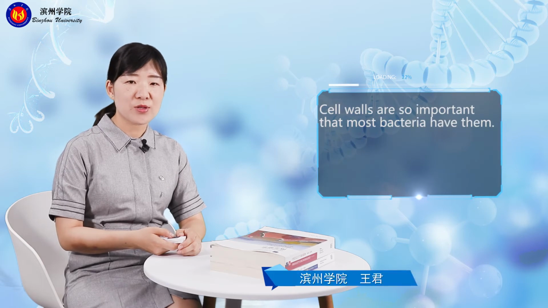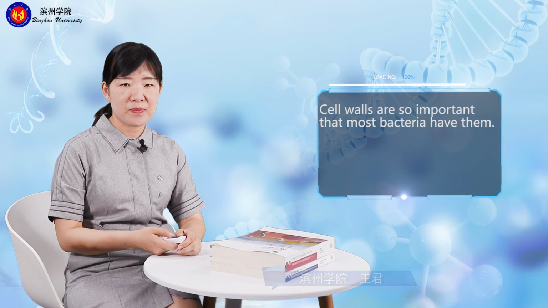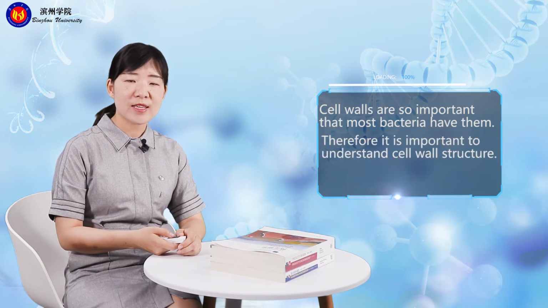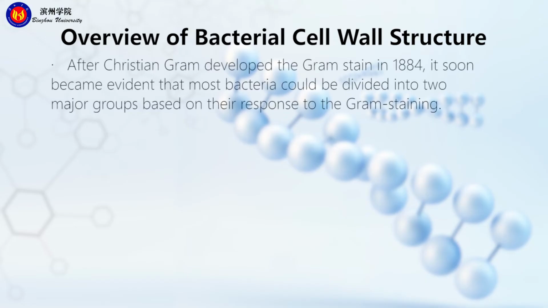Cell walls are so important that most bacteria have them. Therefore, it is important to understand cell wall structure. After Christian Gram developed the Gram stain in 1884, it soon became evident that most bacteria could be divided into two major groups based on their response to the Gram staining.